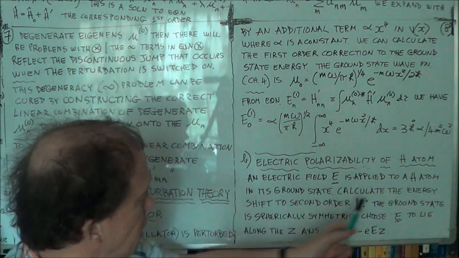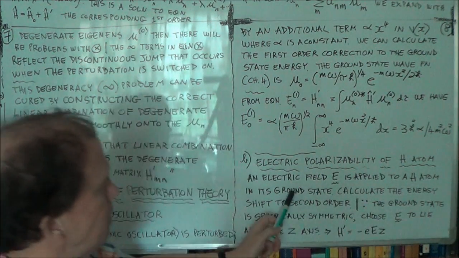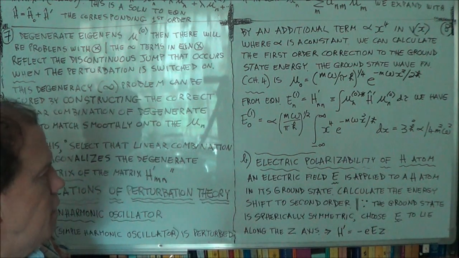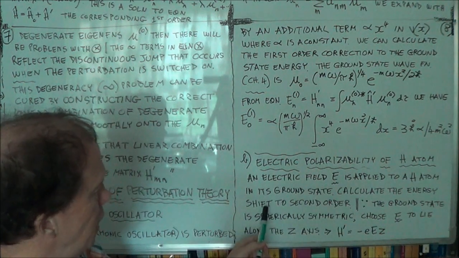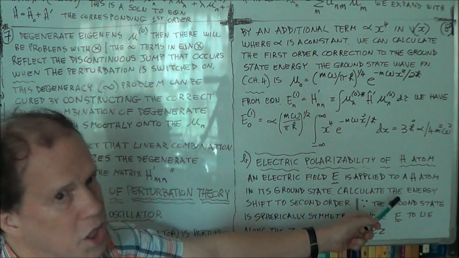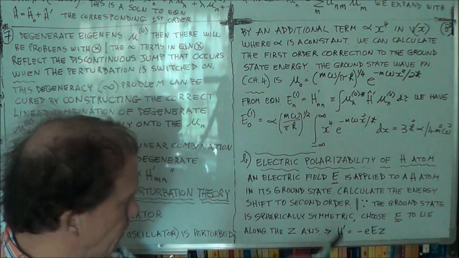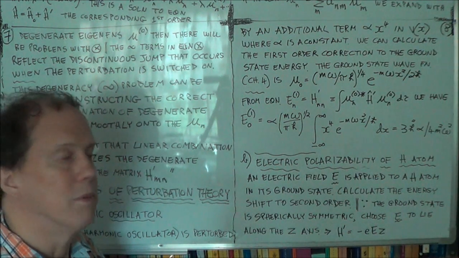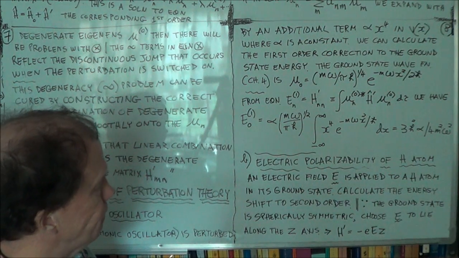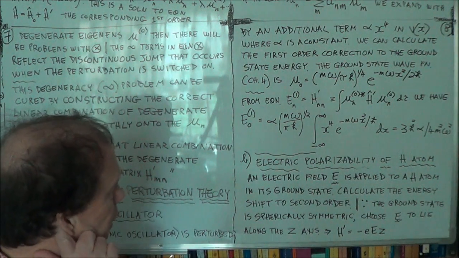Now you're assuming the hydrogen atom is in its ground state. And you're asked to find the energy shift, in other words, the energy corrections, E1 and to second order, E2.